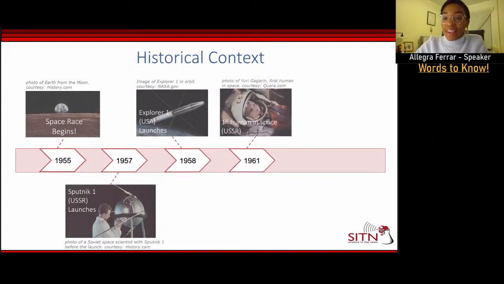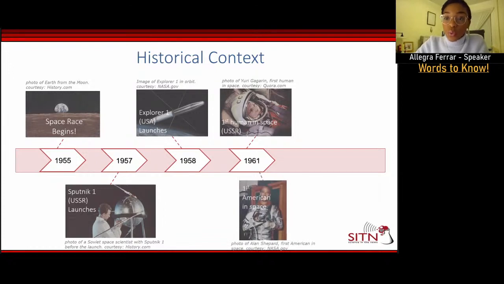They sent the first man into space, Yuri Gagarin, and he was the first man to ever complete a full orbit around the Earth. But a month later, we sent our first astronaut into space, who also completed one full orbit. So now we're at the point where the Soviets are winning every challenge up to date.